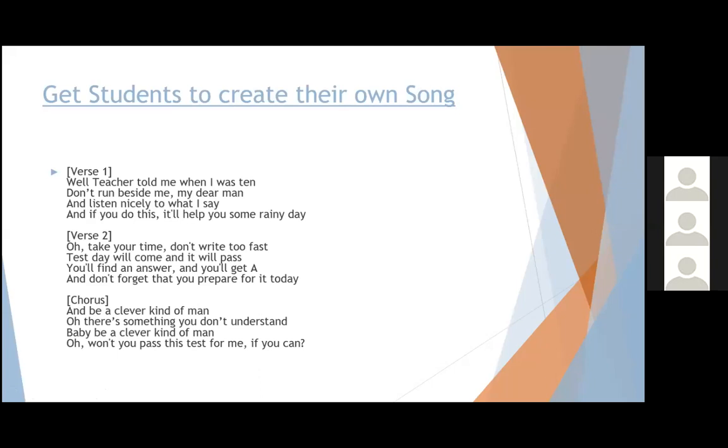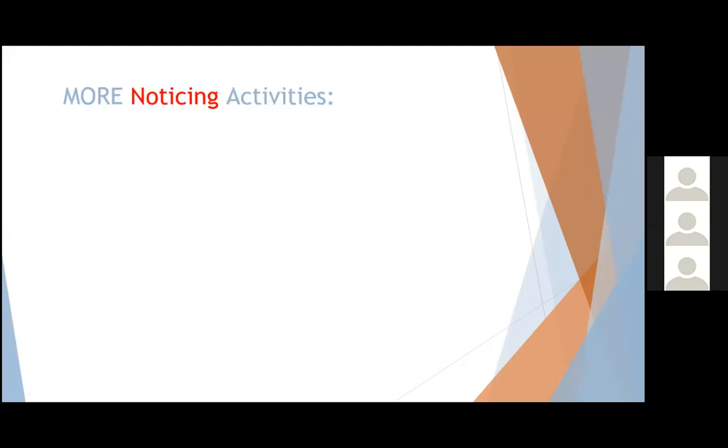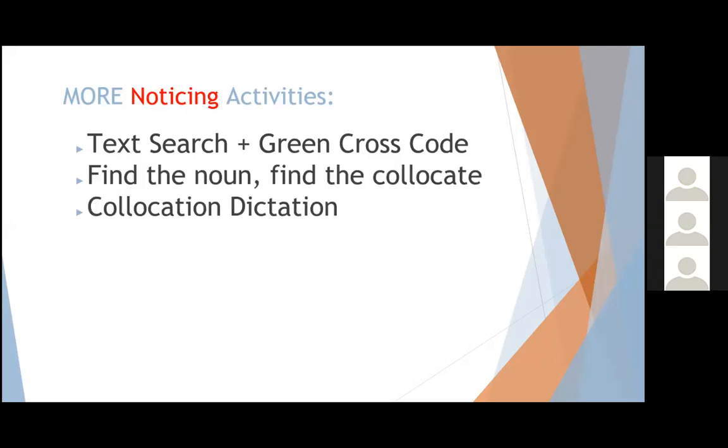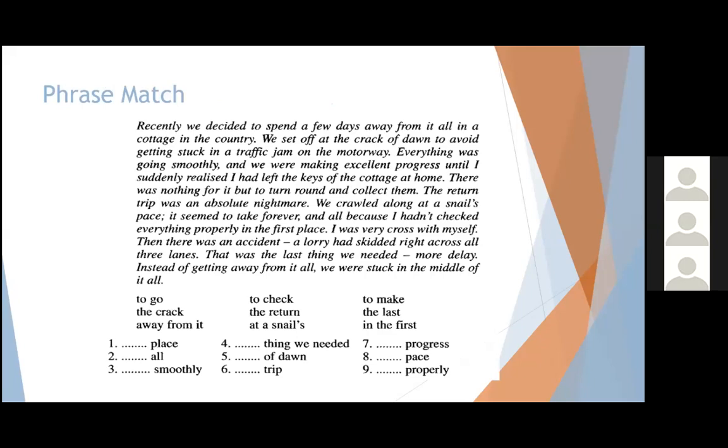Right, you will have an opportunity to read through the whole song because that was the song created by one of my students. And what I would like you to do, let's move on to the next part, a little bit more of the noticing activities which you could use with your students as well, not only listening to the songs, but also text search and green cross code. Basically, you look at the text, yes, and you find the word, namely decided.